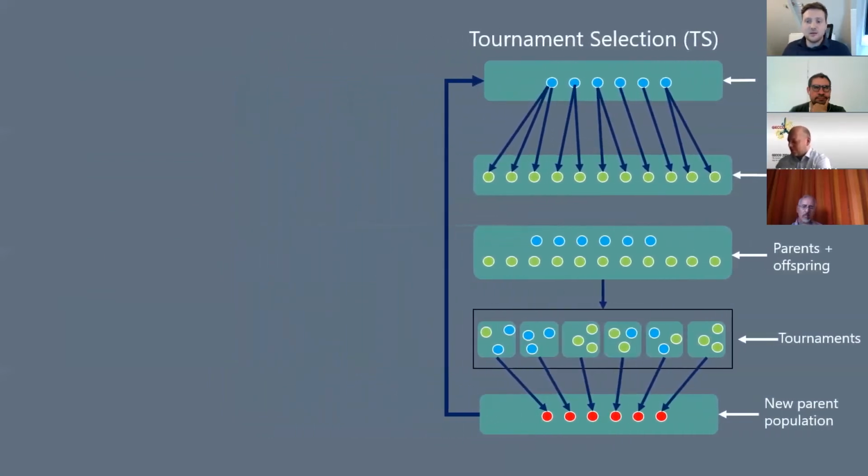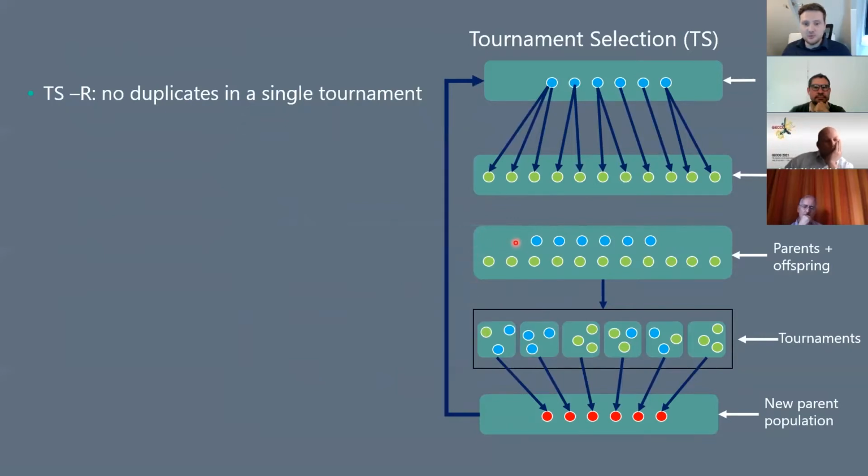So for the tournament selection, I included 3 variants. The tournament selection -R, standing for without replacement. So this means you select an individual, you do not place it back directly in the selection pool, so in the parents and offspring, but first fill this tournament and then place them back. This means that they cannot be selected for the same tournament multiple times.